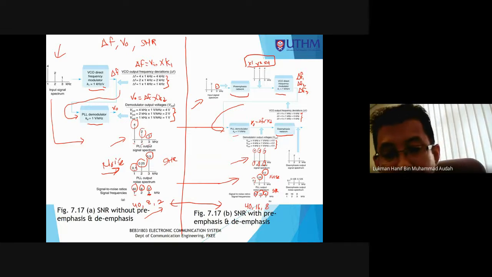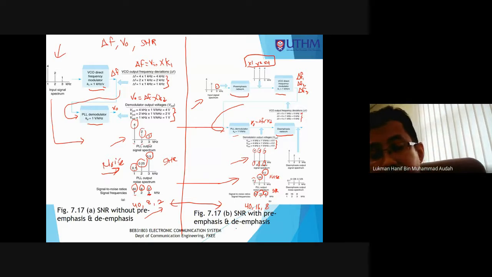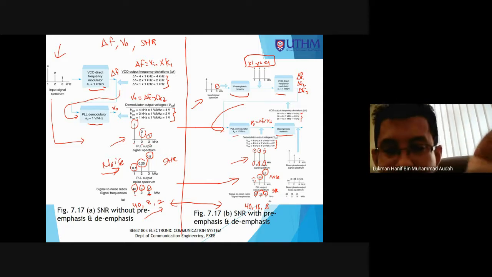So SNR is equal to 40 at 1K, SNR equal to 16 at 2 kHz, SNR equal to 8 at 3 kHz. Which means that we improve the SNR using the pre-emphasis and de-emphasis. But remember, this is not finished yet.